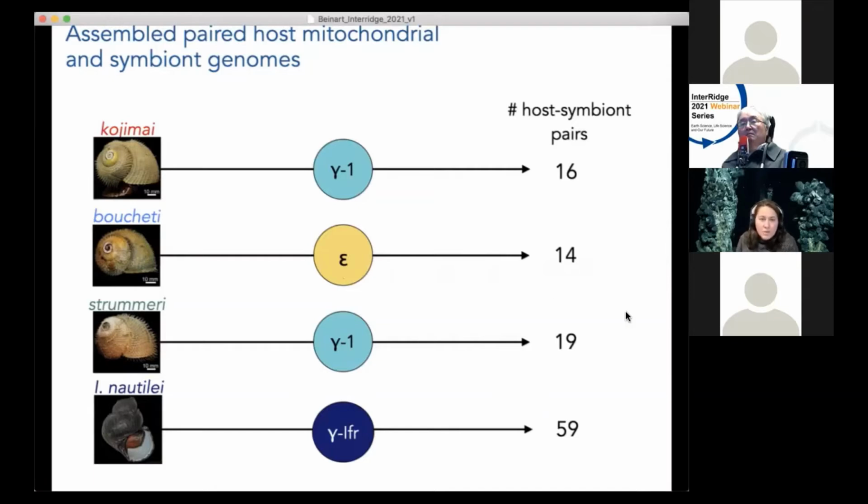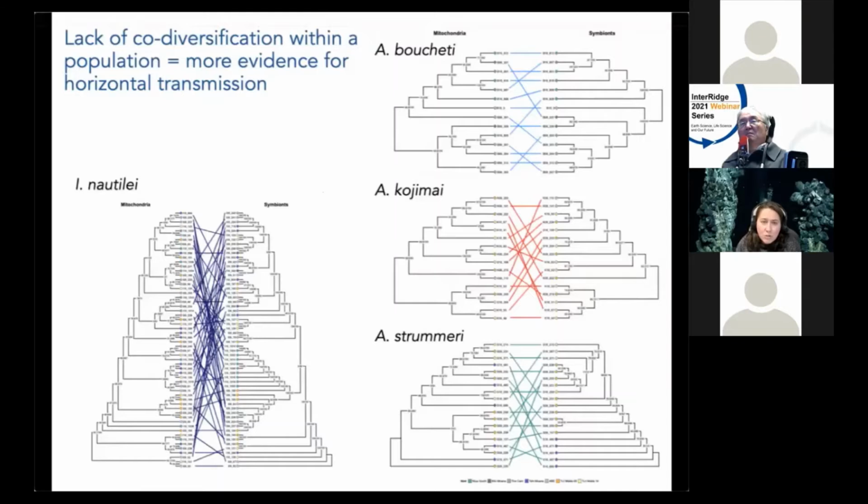And so then what we could do is compare their phylogenies to look for evidence of co-diversification. And in all 4 cases, we do not see that the phylogenies were congruent, suggesting again that these snails use a horizontal transmission system for their symbionts.